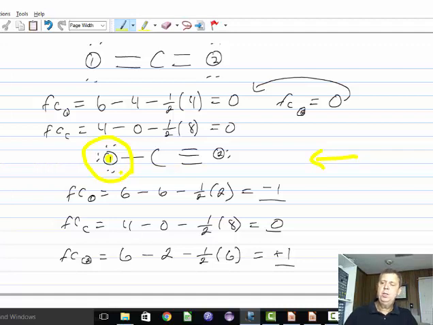That's what this equation is telling us. Oxygen normally has 6 valence electrons when it's neutral. Here it has 6 unshared electrons tied directly to it, and 1/2 of the 2 bonding electrons, which gives it 7 electrons around it when it normally only has 6. That's why it has a -1 charge.